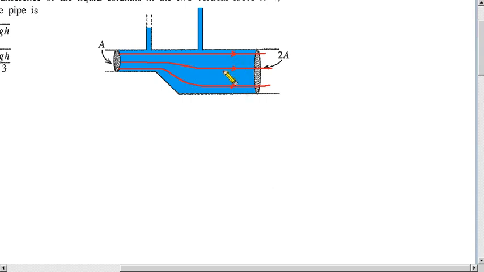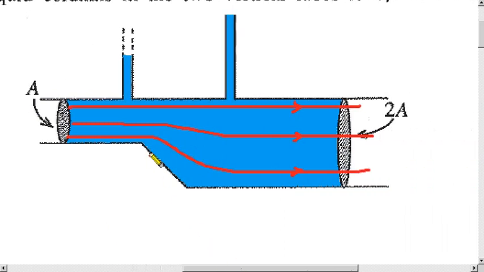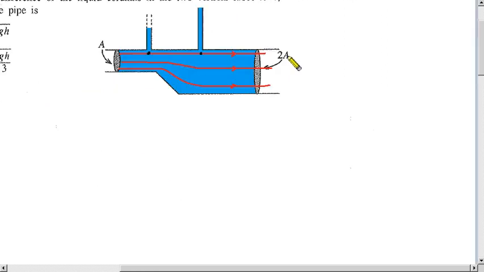So these streamlines we can draw like this. We take 2 points just at the bottom of these vertical tubes, 2 dots, 2 points in the same streamline. In the same streamline we consider 2 points, but they must be at the bottoms of these vertical tubes.